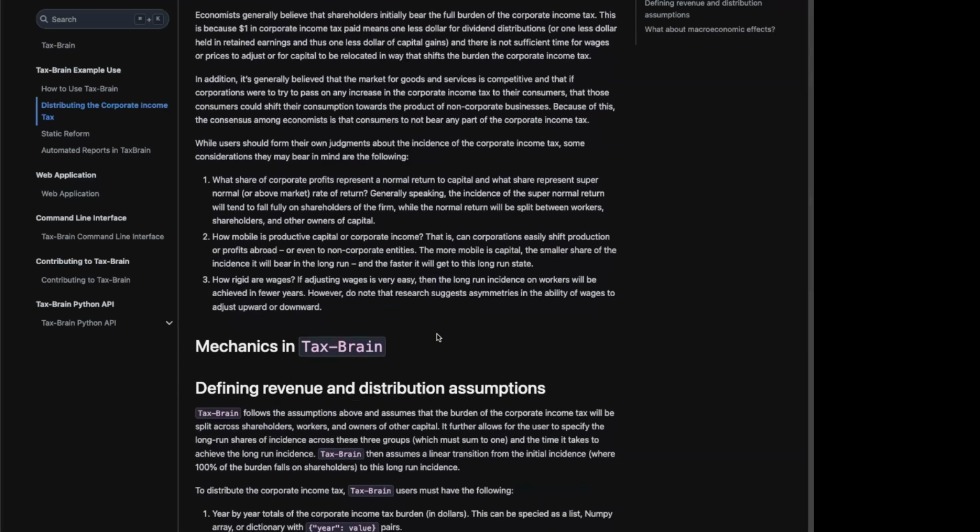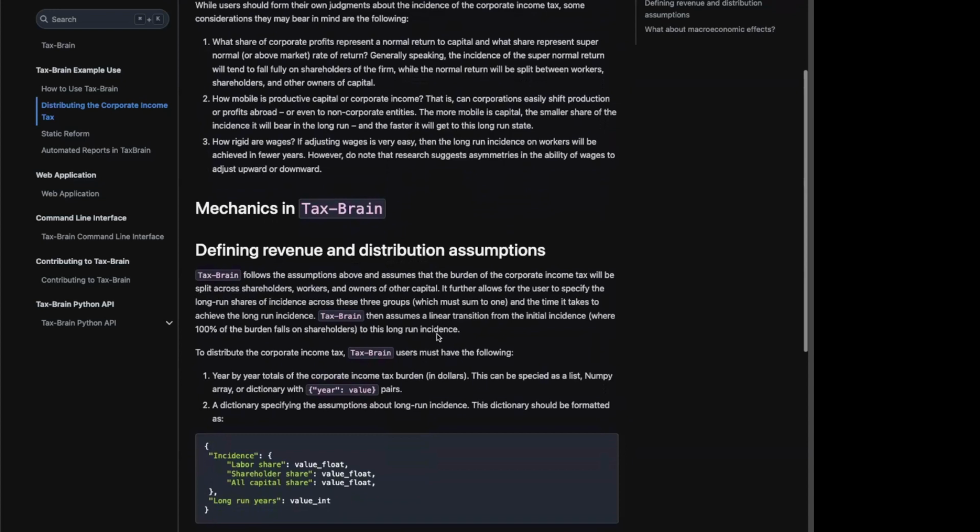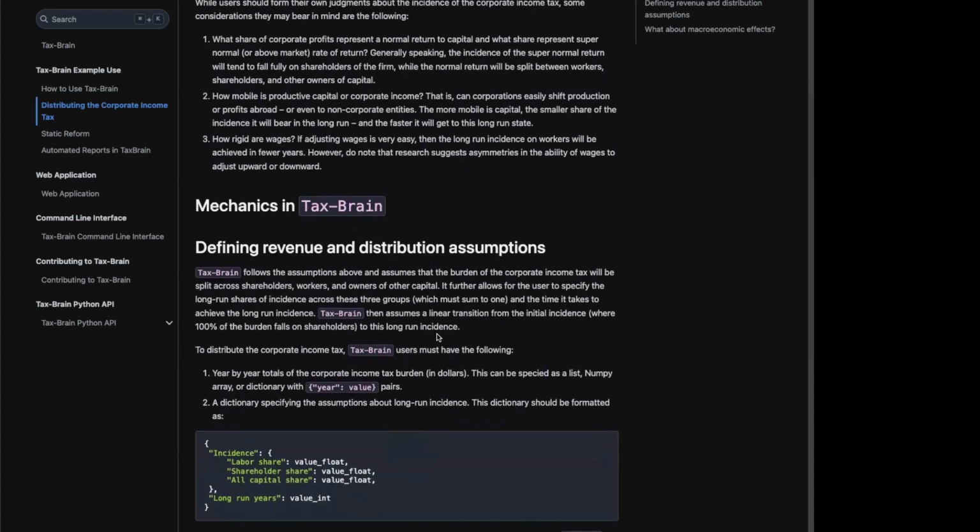Now, when we get to its implementation, essentially Tax-Brain is going to allow you to decide among three groups what share of the corporate income tax is going to be borne by those three groups.